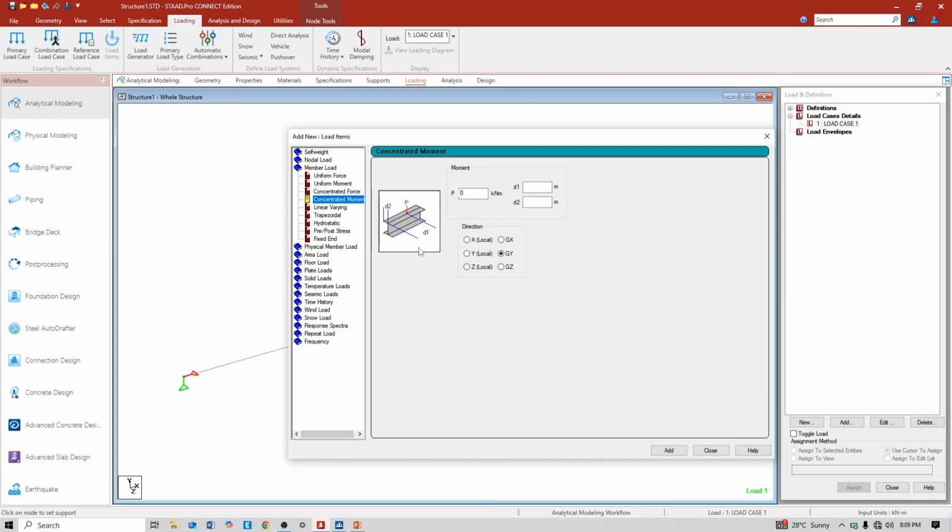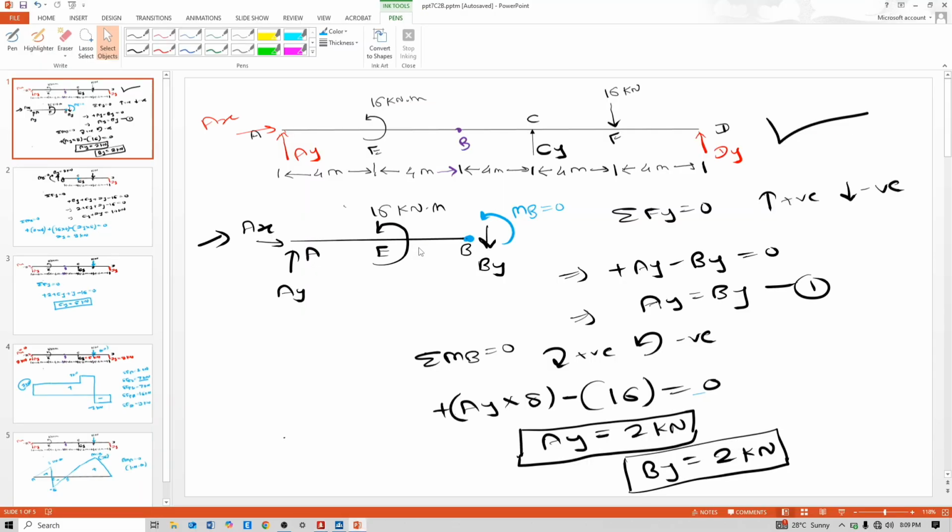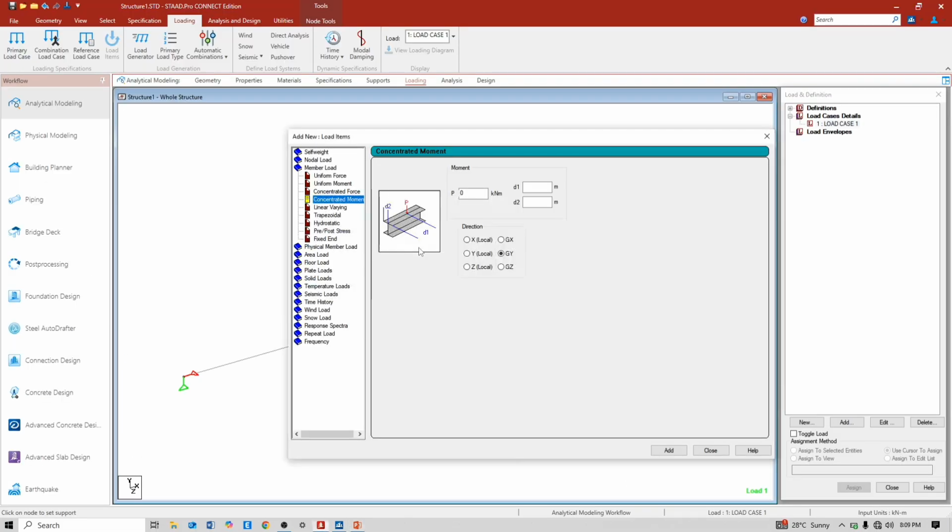My concentrated moment at A is anti-clockwise. Consider the rule of thumb. Your left hand thumb is towards the Z point, and see your four fingers, your four fingers are like that moment.